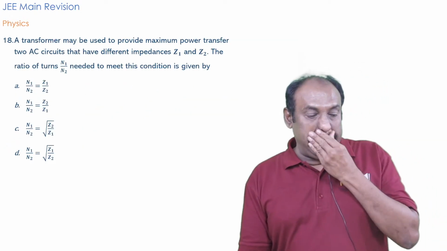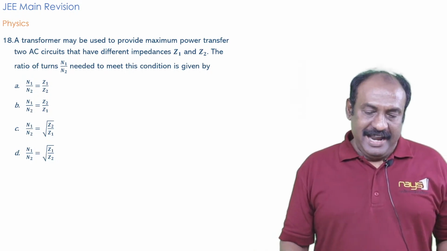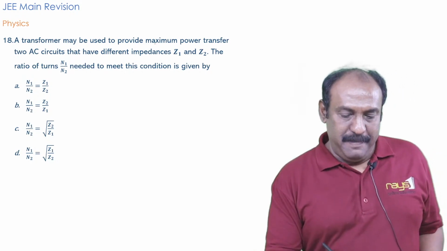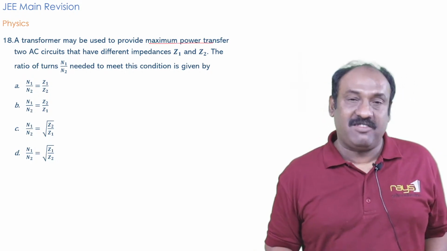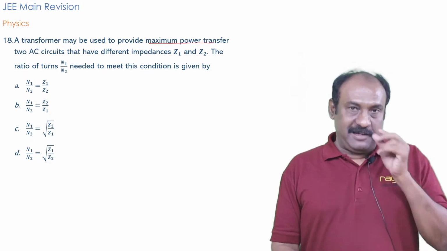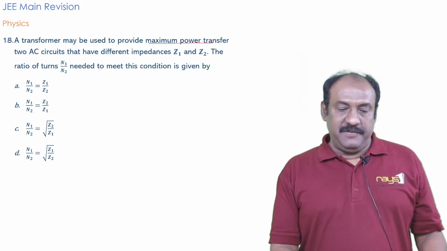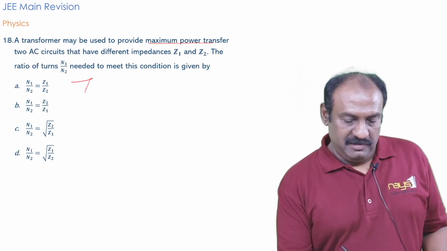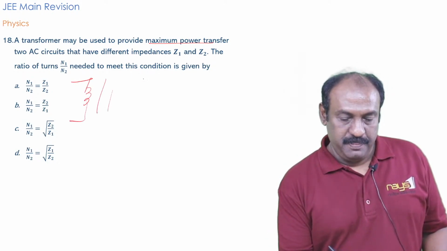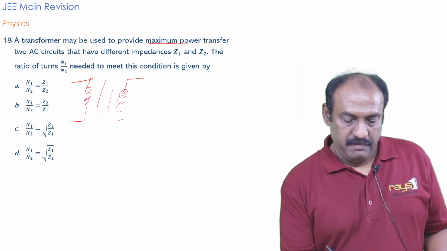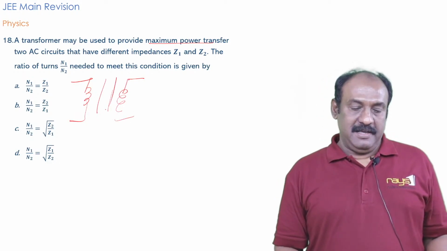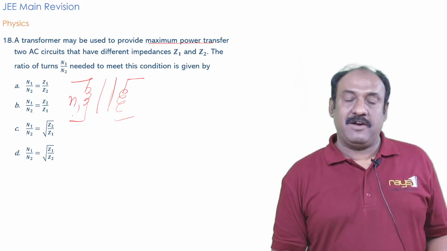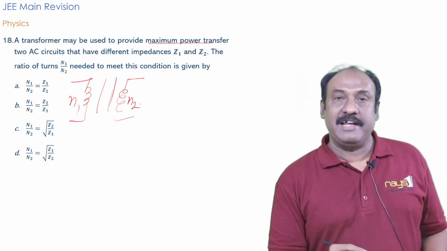Question number 18. A transformer may be used to provide maximum power transfer of two AC circuits that have different impedances Z1 and Z2. So this is a transformer. The number of turns in the primary coil is N1, the number of turns in the secondary coil is N2.